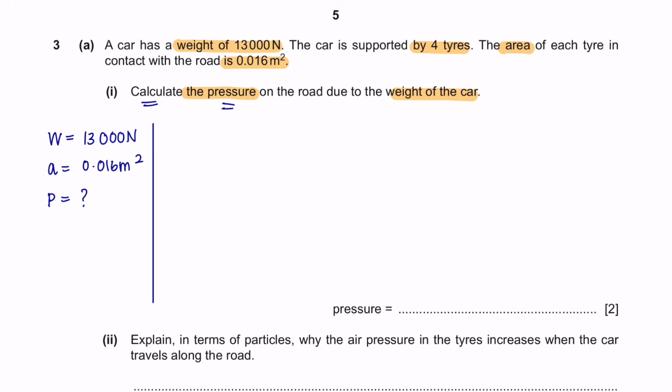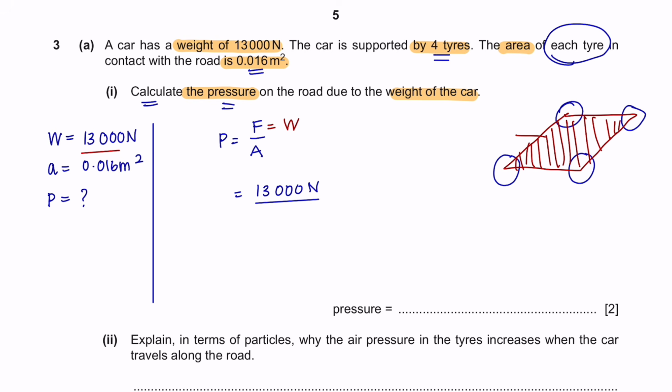There's only one formula related to pressure, which is force over area. Force is also equal to the weight of the object, which means that the force here is 13,000 newtons over the area. You have been given the area is 0.016 meters squared, but pay attention here that this is the area of each tire. The car is supported by 4 tires. So let's say this is the weight of the car, which is 13,000 newtons.